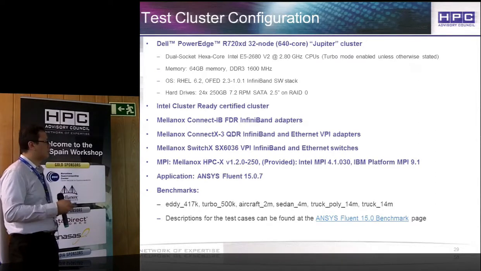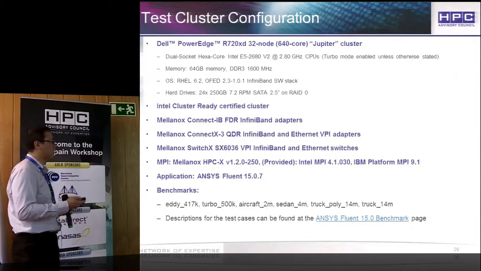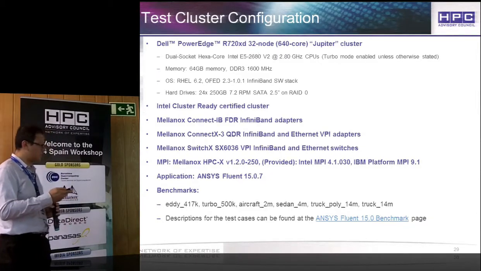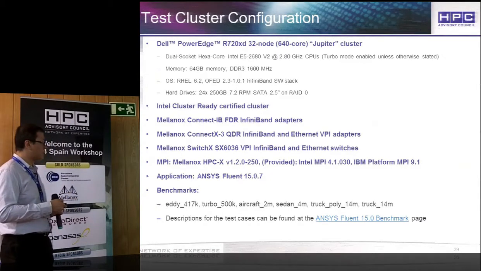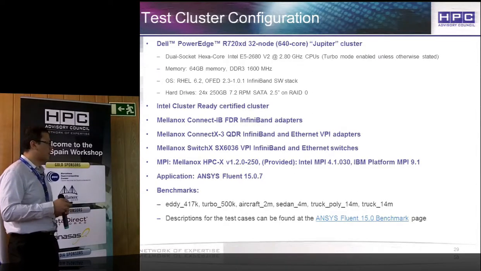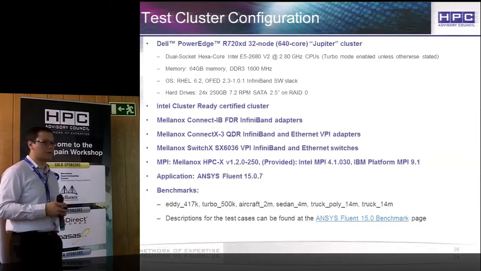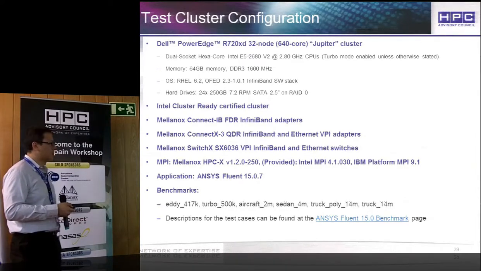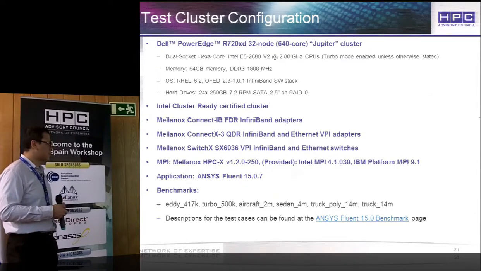Eventually we'll upgrade this cluster and get more studies on newer hardware as well. The InfiniBand hardware used is called Connect-IB, and we're comparing against a slightly older generation of InfiniBand hardware. They're also running the Ethernet protocol. The switch that we use is mentioned here.